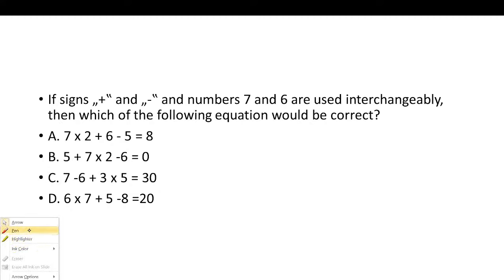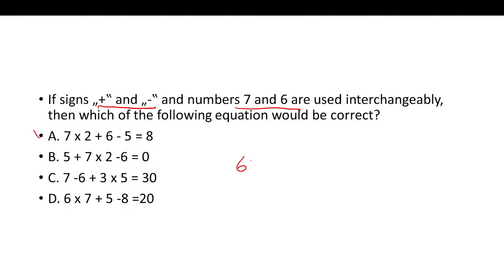Can you answer this question? If plus and minus, and 7 and 6 are interchangeable, which of the following equations will be correct? 7 and 6 are interchanged.